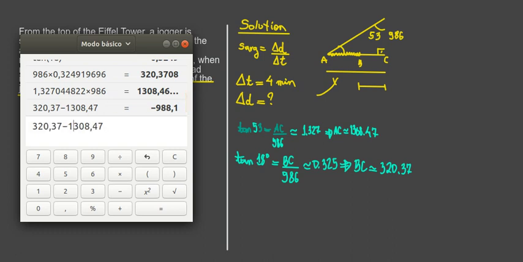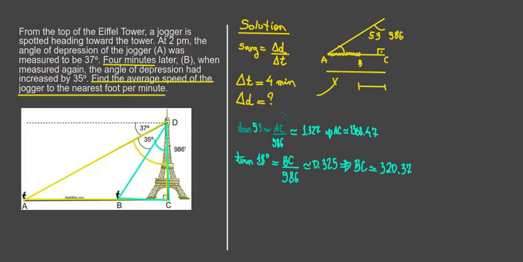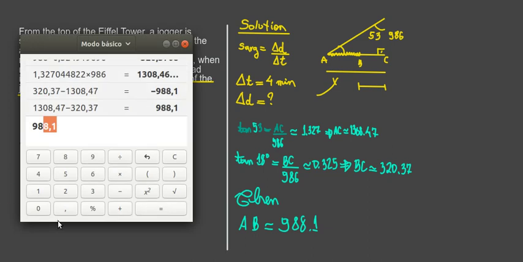We need to subtract this value, which is the BC, from the AC value. So here it is, 988.1. So then AB is approximately 988.1.